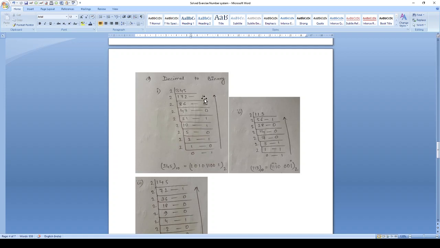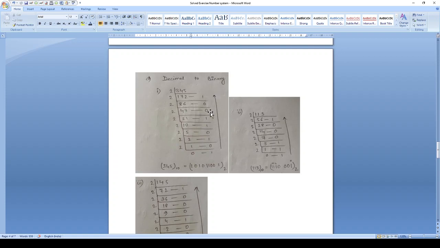You have got this one first, then this, so you will not write in this way. You will write 1 0 1 0 1 1 0 0 1. See, 1 0 1 0 1 1 0 0 1. It is written in this direction, in the reverse order of how you got the remainders.